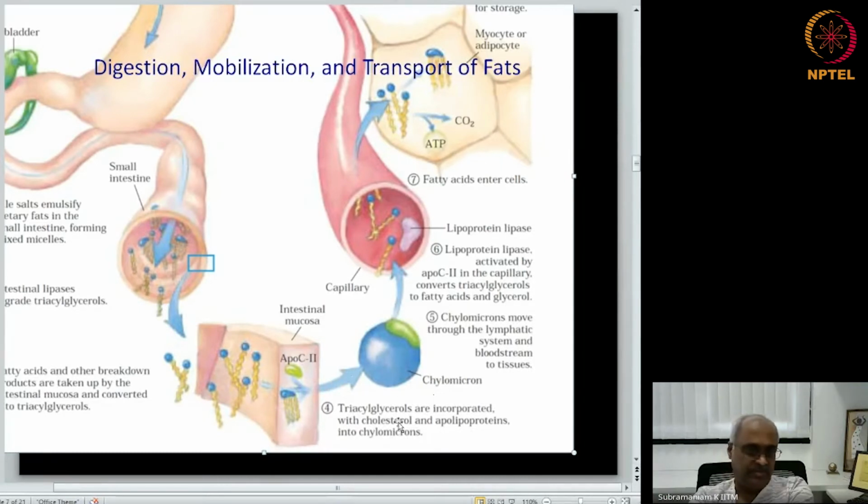Remember, this is an important structure. We will look at its structure in detail in the next slide. So this hydrophobic triacylglycerol is made transportable in the body fluids like the lymphatic system and the bloodstream by the formation of chylomicrons. I'll show you what they are in the next slide. So we'll go to that and then come back.